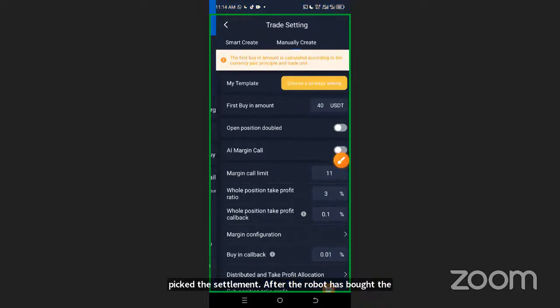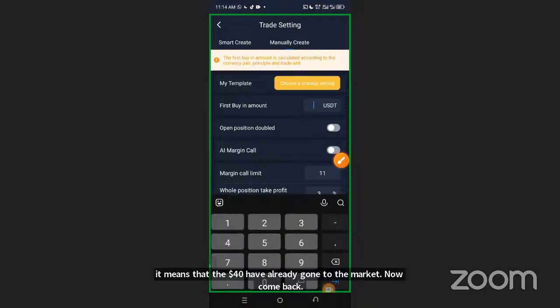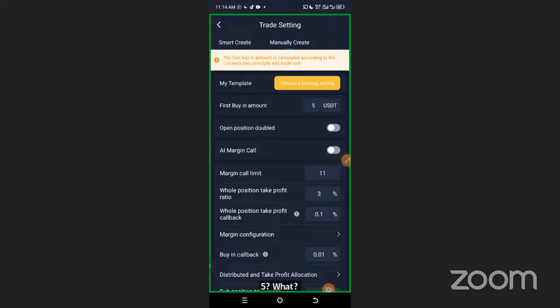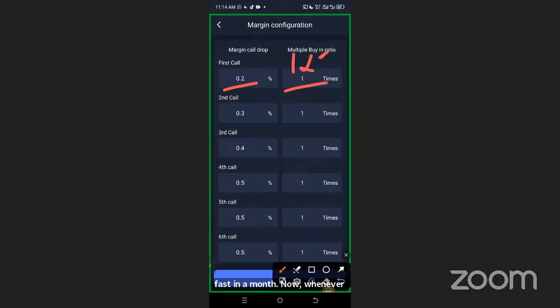Now come back and you change from $40 to 5 what? To $5. So that the robot can buy these 11 margin calls using $5 as first buy-in amount. Now, whenever the robot is buying these margin calls, this is 1 times 5.